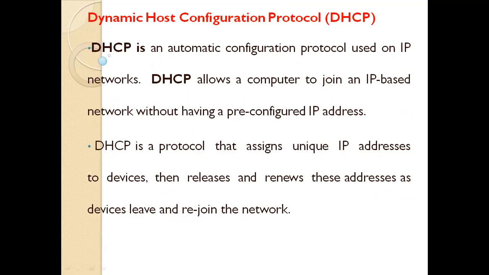Last topic. Here, DHCP is an automatic configuration protocol used on IP networks, and DHCP allows a computer to join an IP based network without having a pre-configured IP address. DHCP is a protocol that assigns unique IP addresses to devices.